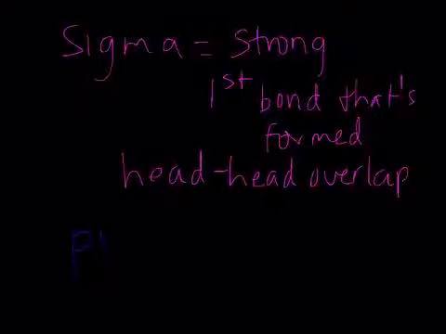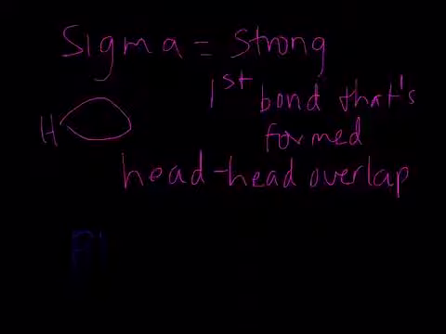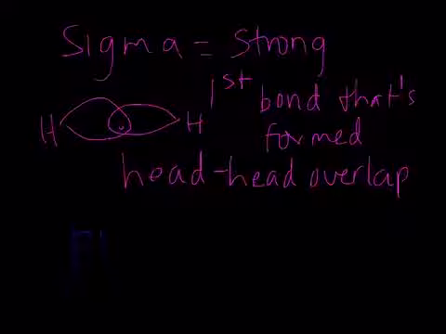So you can think of two orbitals that each have one electron from one atom. So this could be a hydrogen here, this could be a hydrogen there. Their orbitals are going to overlap, and each hydrogen is going to donate one electron to that sigma bond. And that's going to be a strong bond.